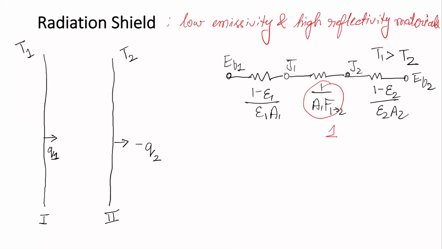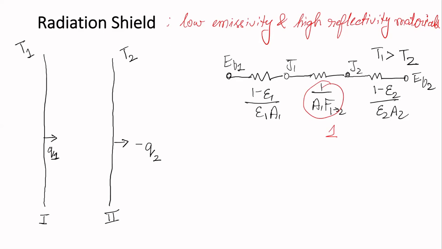I hope everyone is okay with this, because 100% of the radiation going out from plate 1 will reach plate 2, because of the flat plate geometry. So this will be 1, and we'll be seeing more of such examples in today's discussion, and I will have a nice expression out of it.